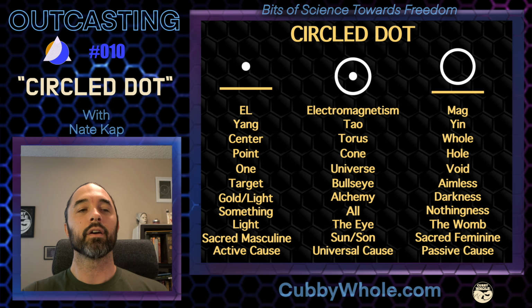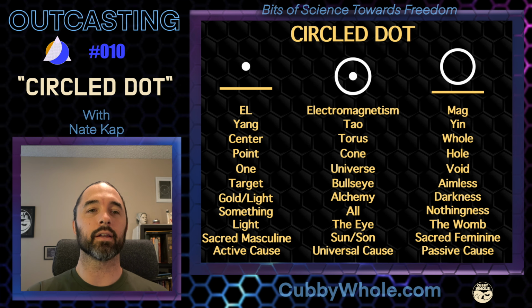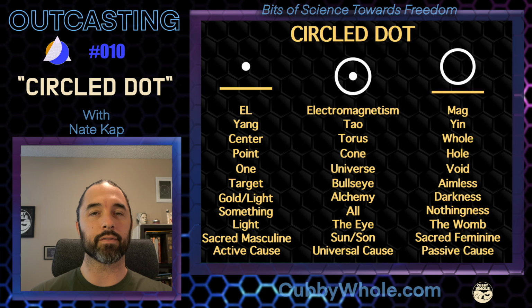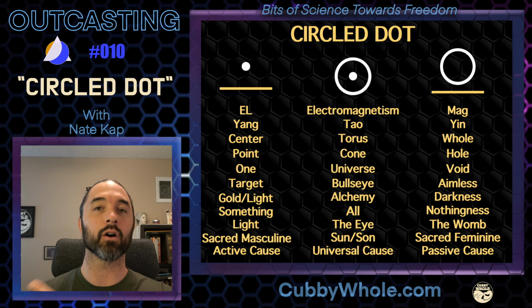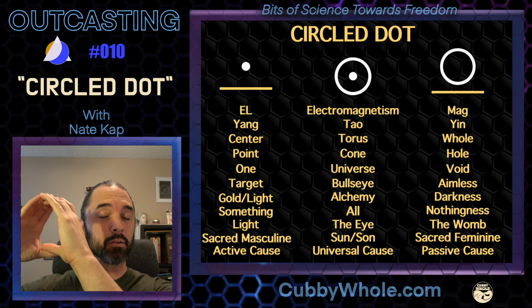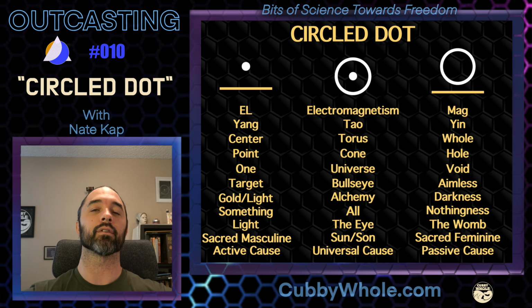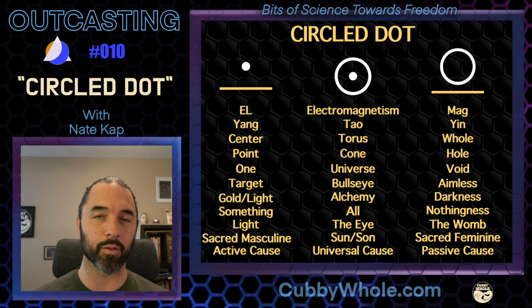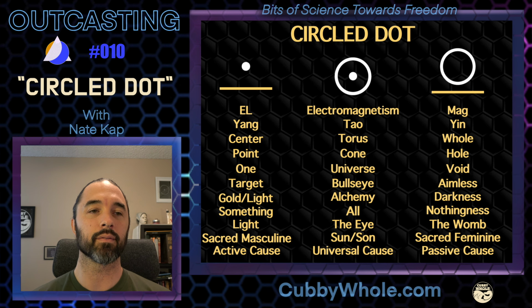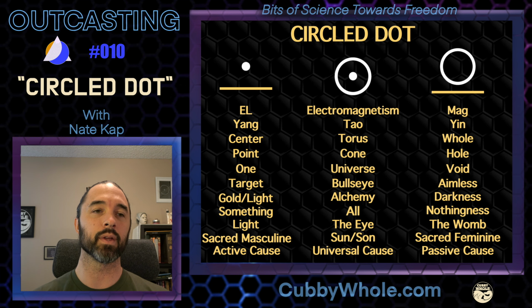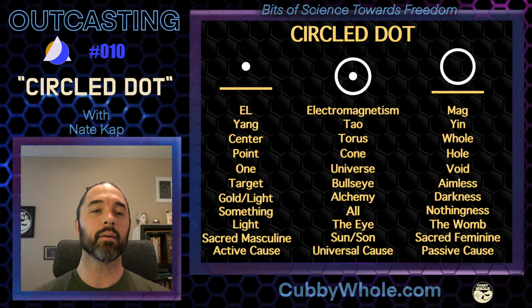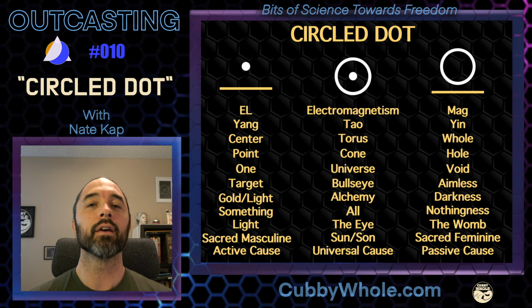So you have the Father being the sacred masculine, the dot, and then you have the sacred feminine being the Holy Ghost, the invisible forces, and then you have the Son that is born out of the womb, which is the light, the son being the child, right?